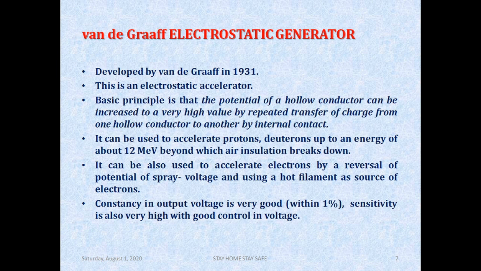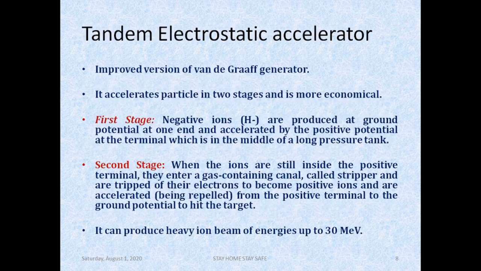It can also be used to accelerate electrons by a reversal of potentials of spray voltage and using a hot filament as the source of electrons. One of the most important advantages of the Van de Graaff generator is that the output voltage remains almost constant, and the constancy is very stable. Sensitivity is very high. Okay?